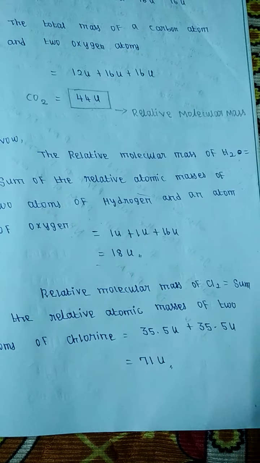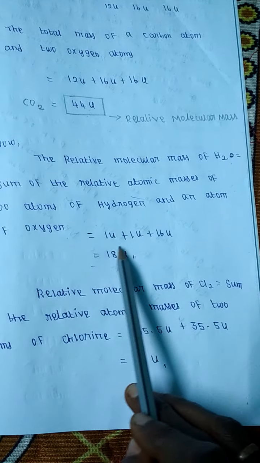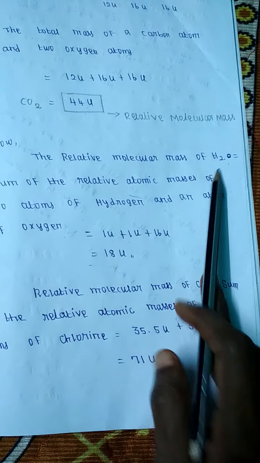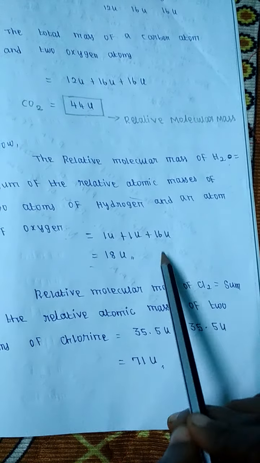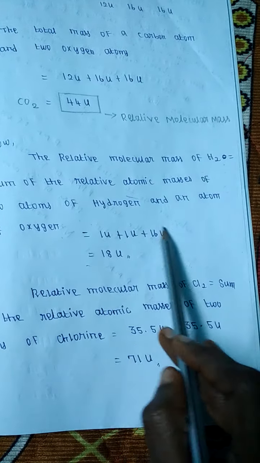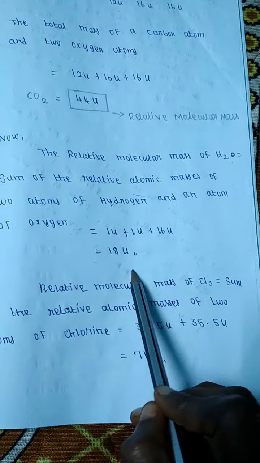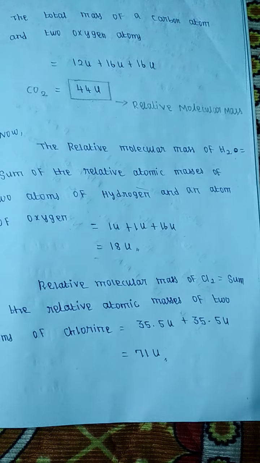Okay. 1u is the relative atomic mass of a hydrogen atom. So you write 2 values, 1u plus 1u plus 16u, where 16u is the relative atomic mass of the oxygen atom. Adding these 3 values, you will find 18u. 18u is the relative molecular mass of the water molecule.